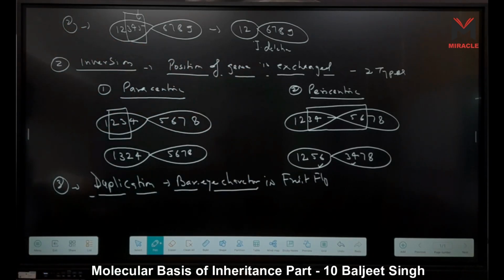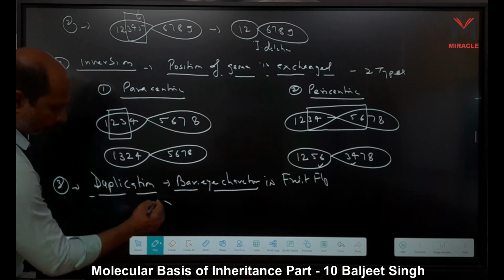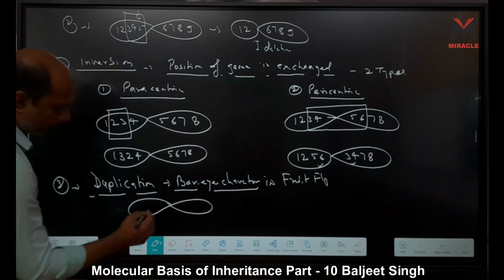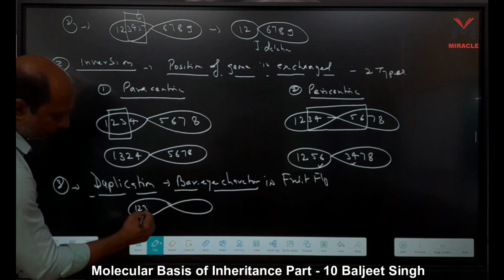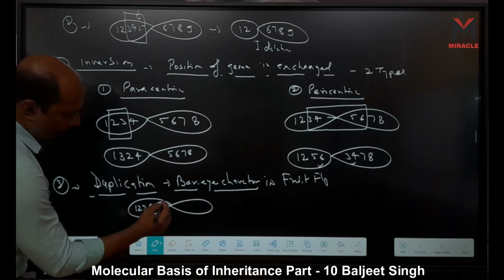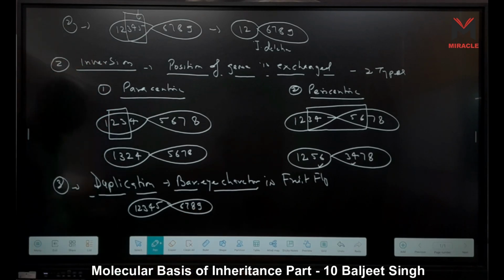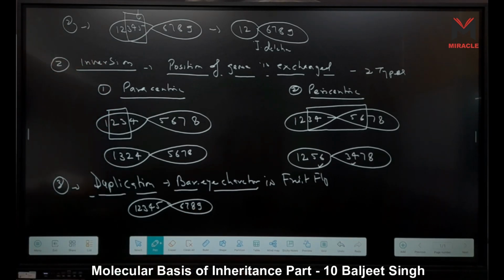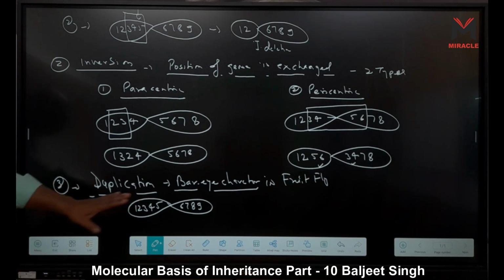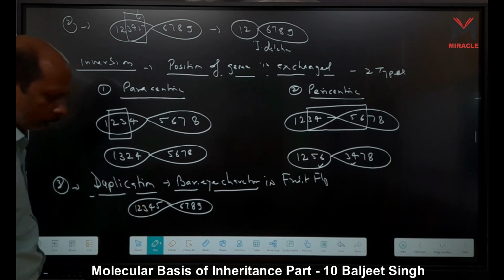This one is present. Here, suppose that I write these are two chromosomes, and I write 1, 2, 3, 4, 5, 6, 7, 8, 9. One chromosome is there, right? Second chromosome is also here. These are homologous chromosomes.